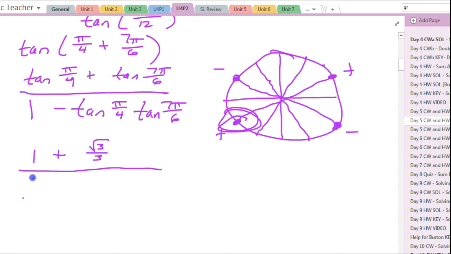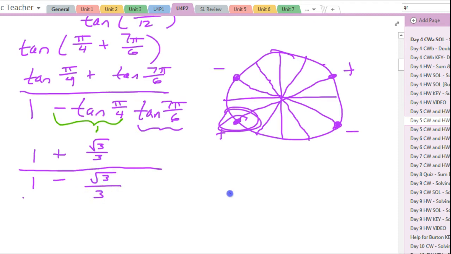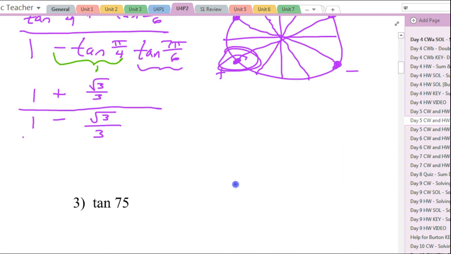Okay, so now in the denominator I have 1 minus. We've already discussed that the tangent is 1, so I'm just going to ignore that. And again, I'm going to have radical 3 over 3 from the tangent 7 pi over 6. Does that make sense so far? Yeah, I've got enough.